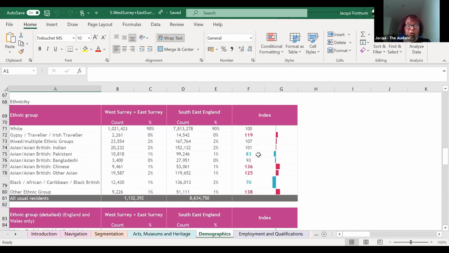Anyone who's underrepresented in your catchment area compared to that base population will appear in blue. And if it's more or less the same, it'll just be at that middle level. So that's just to give you an indication of what your population looks like compared to that base population.